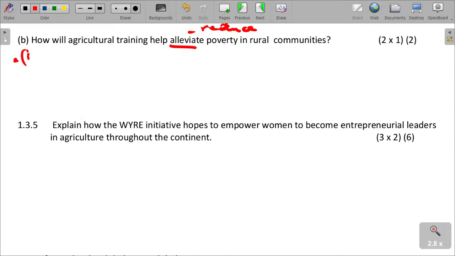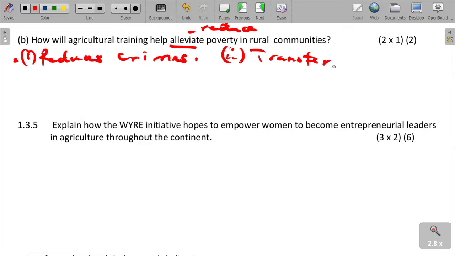So one, it reduces crimes. People are able to live a life which is honest, and therefore we can talk about crimes being reduced. Number two, we can also talk about transfer of skills. Transfer of skills helps people to work on their own, which can help them to be self-reliant.